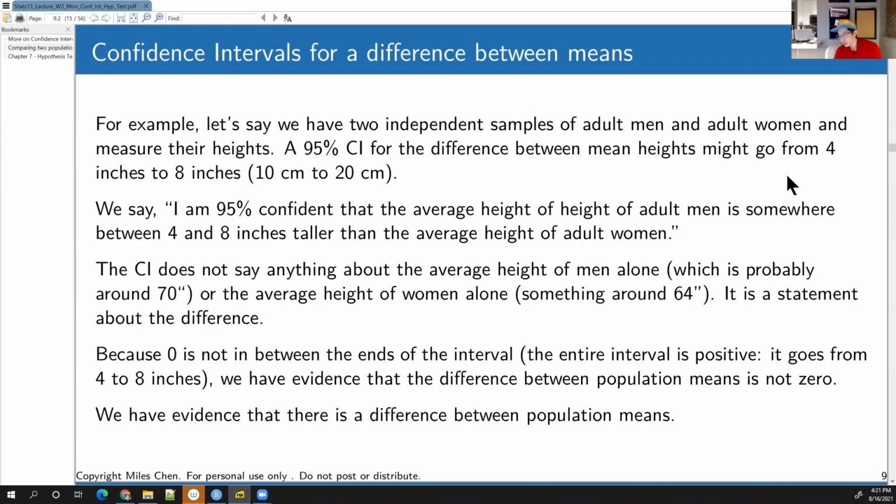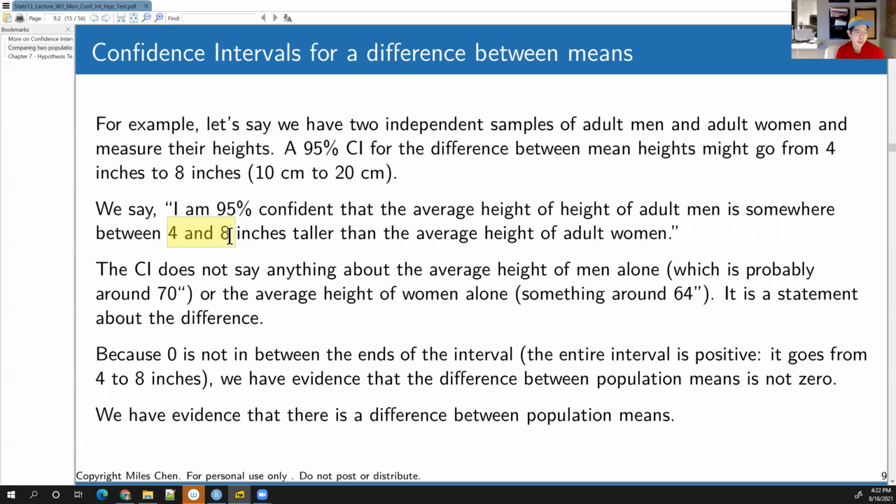So this confidence interval doesn't say anything about the average height of men alone, which is probably around 70 inches, 5'10", and doesn't say anything about the average height of women alone, which is around 64 inches, 5'4". It's a statement about the difference between the averages. And the key here is that our confidence interval is entirely positive.